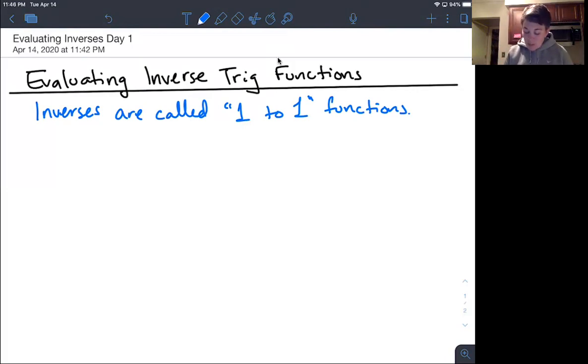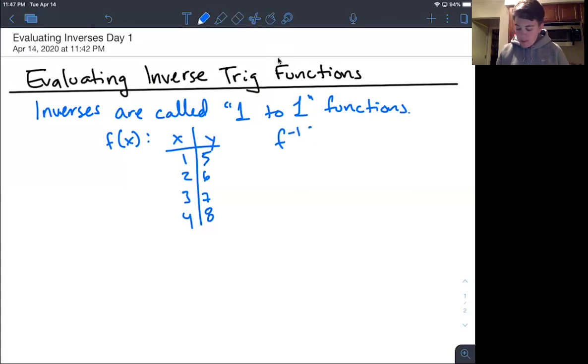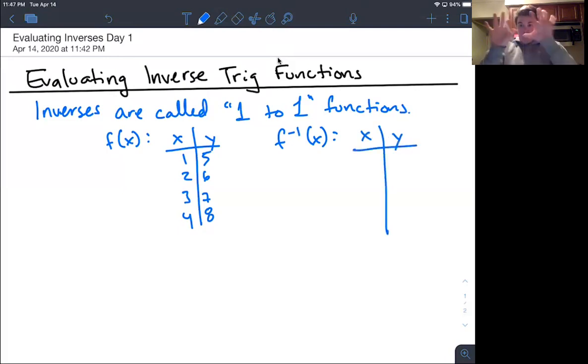If you have a function f of x, and maybe its inputs are 1, 2, 3, 4 and its outputs are 5, 6, 7, 8, then the inverse function, with a little -1 up there, would just switch the x's and the y's. So all of my x values would be 5, 6, 7, 8, and my y values would be 1, 2, 3, 4.